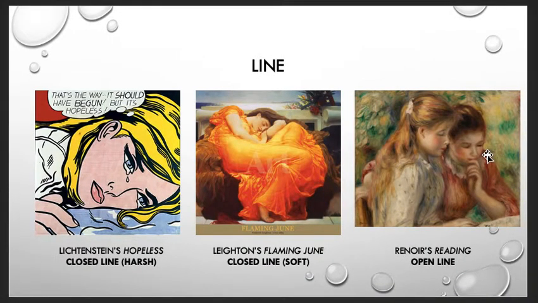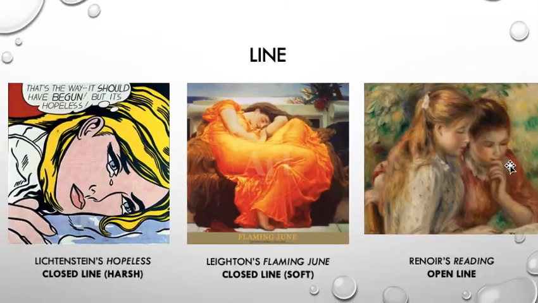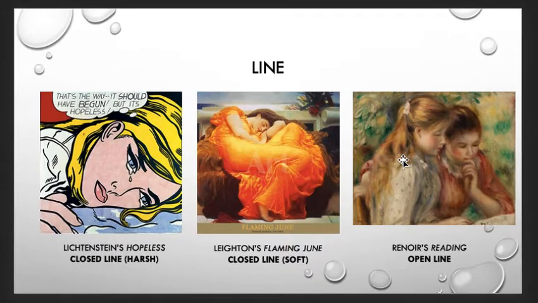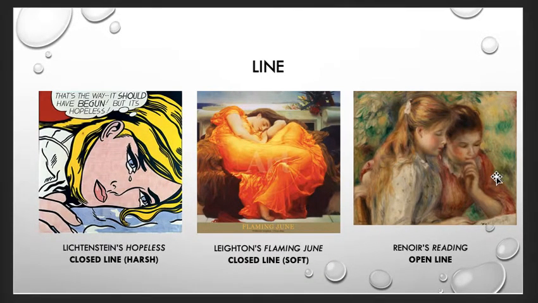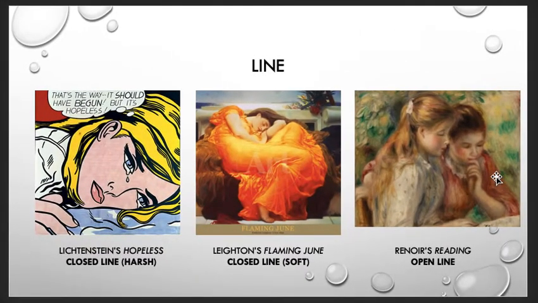Now, when we're looking at Renoir, we really don't see lines. If you look closely, you do not see lines. You just see very soft edges that blend into each other, but not an actual line. So we want to think about what each line does for the work.